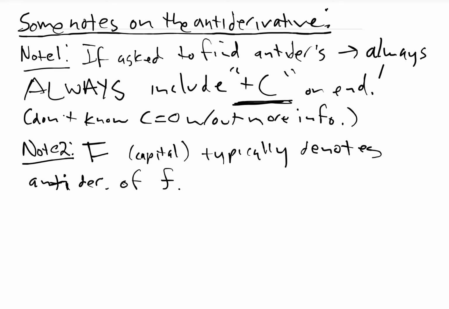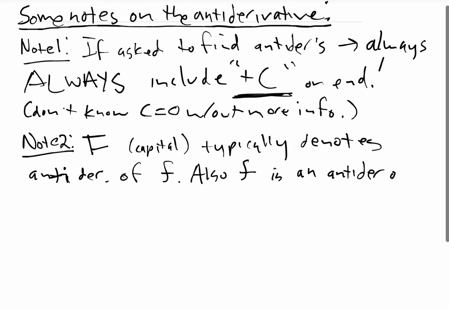This is not the only situation where you would think of an antiderivative for a function. We also have that if we are already currently expressing things in terms of derivatives, kind of like I did on that very first slide, f is thought of as an antiderivative of f prime.